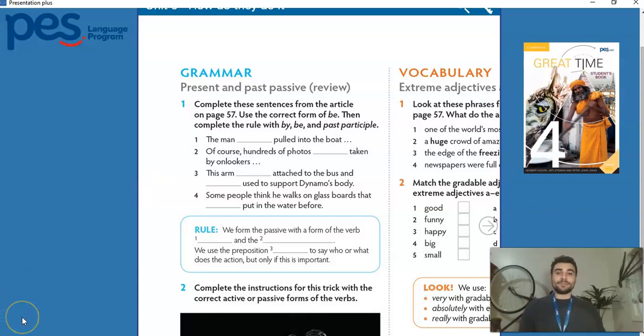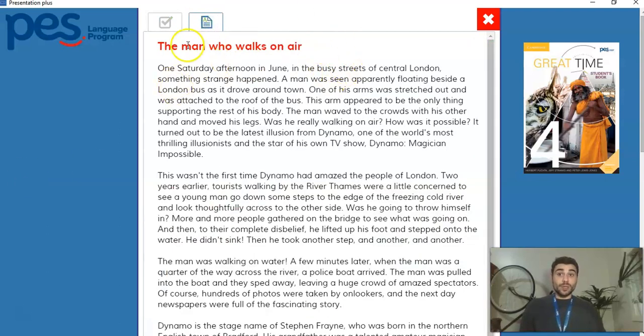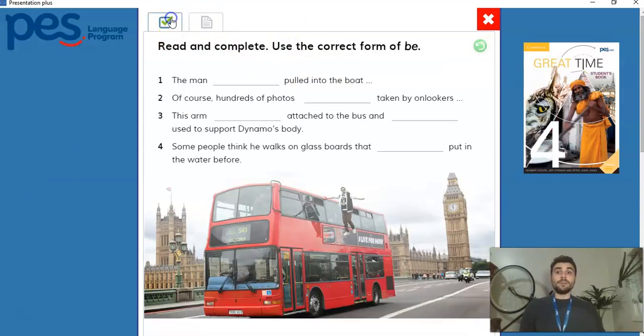All right, so could you find the sentences? I hope that you could, okay? So now we're going to correct them. Remember, the text was this one, the man who walks on air, okay?